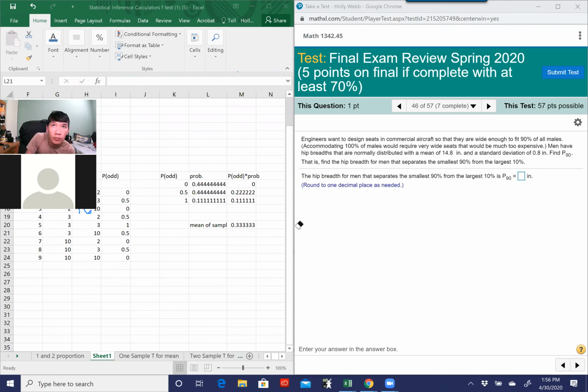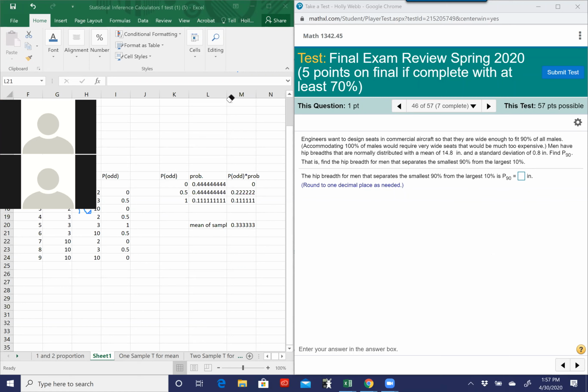It does have a lot of percentages in it. Chapter 5 is binomials, remember? Oh, yeah. Chapter 4 is percentages, but I see this P90 here.